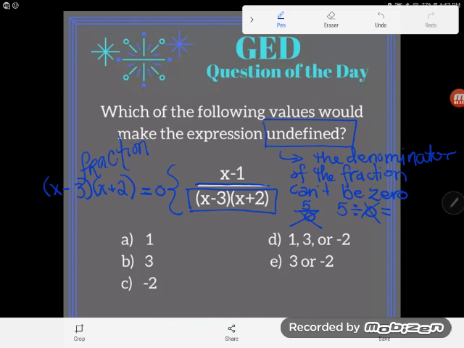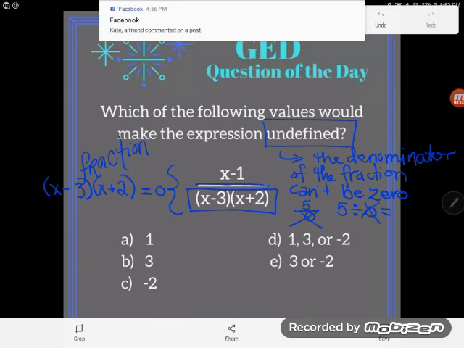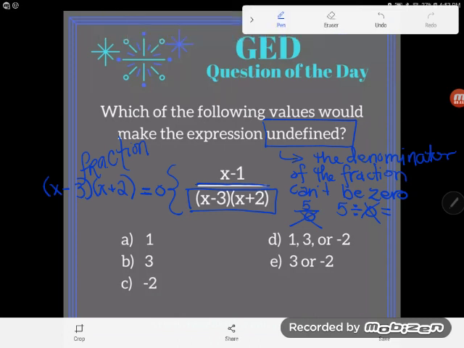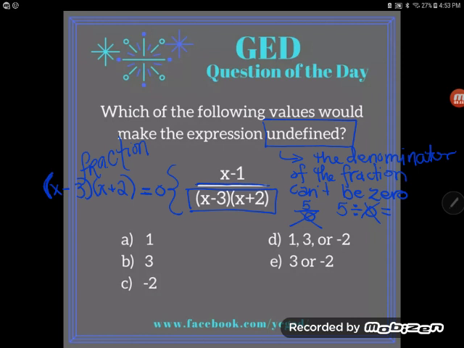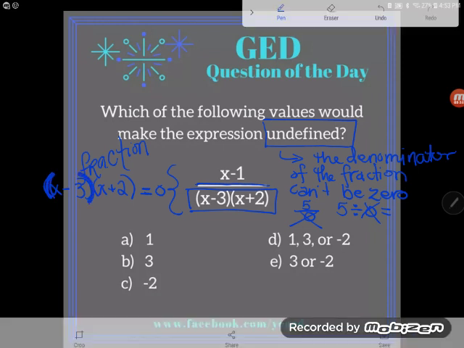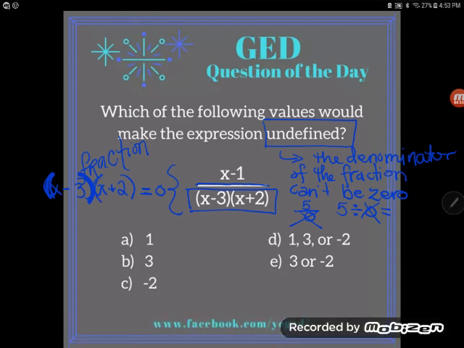Okay, now, maybe this looks like a more complicated math equation than you know how to solve, but I've got really, really super duper good news for you. I want you to think about what this actually means. This x minus 3 is all in parentheses, meaning that whole big number there is multiplying with this whole big number that's in parentheses, x plus 2.